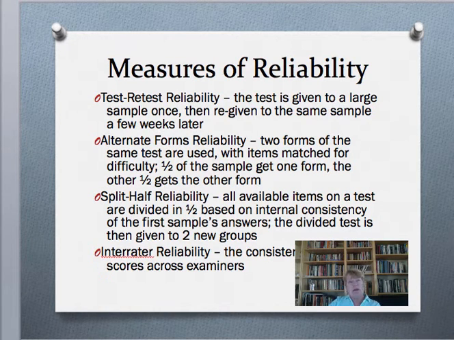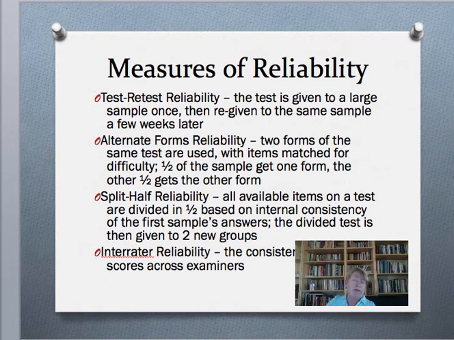And the final way we're going to talk about of reliability is inter-rater reliability. And that's the consistency of test scores across examiners. So if we have a test that requires some subjective interpretations, writing tests are a good example of that. If I'm going to score how grammatically correct your sentence was and how complex your sentence is, I may differ from how you might score that same individual's written sentence.